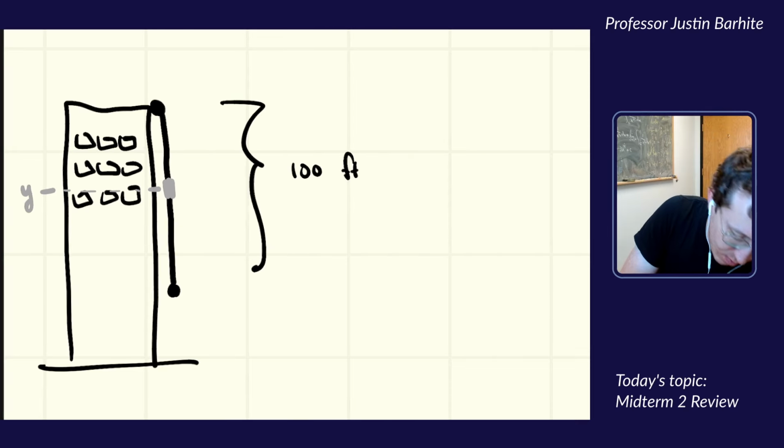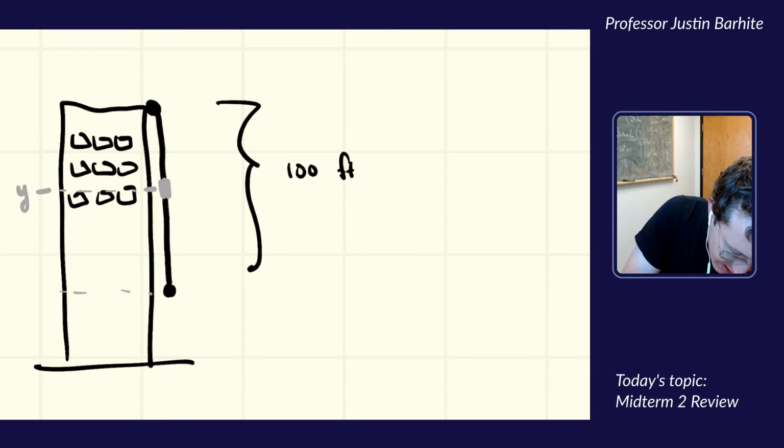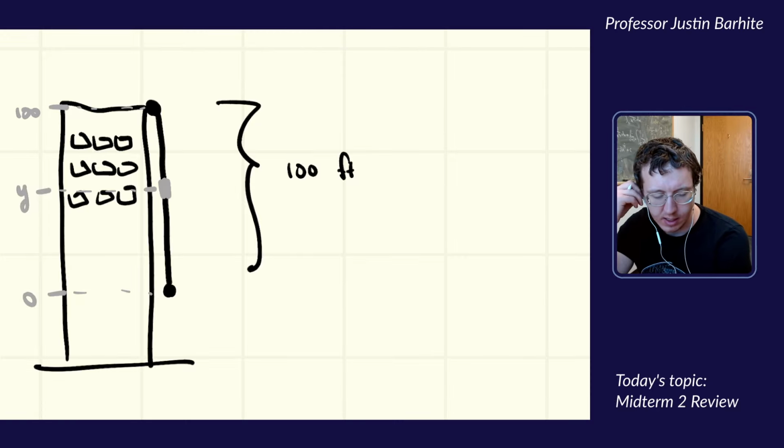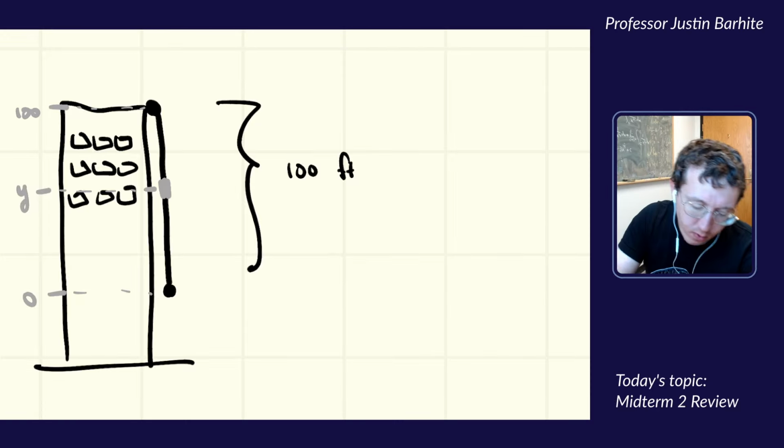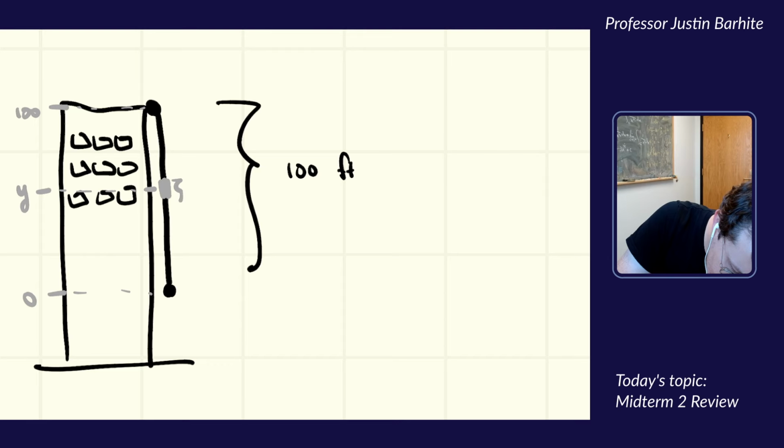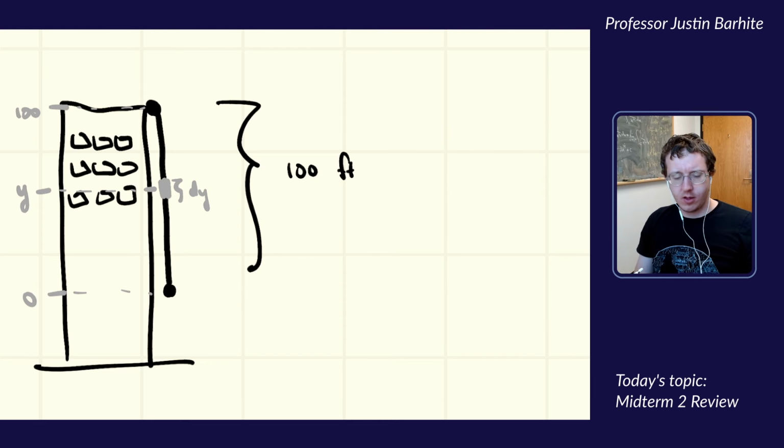And I guess we might as well set up our coordinate system so y equals 0 is at the bottom of the cable and y equals 100 is at the top. And let's say that the length of the cable is dy.